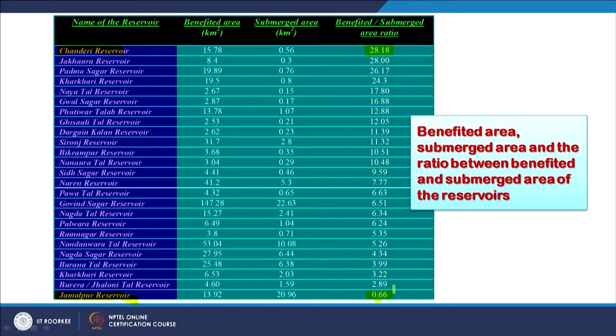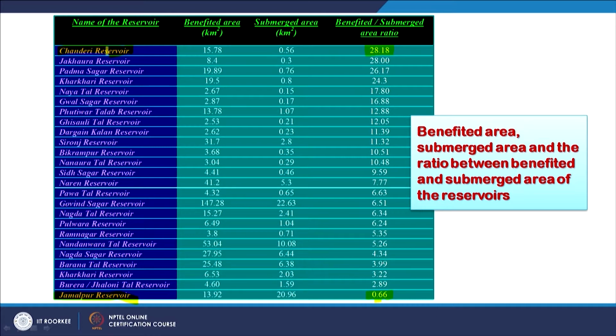That means if I construct a reservoir near or in the area where the Chanderi reservoir is currently located, then I am going to have about 28 times benefit in terms of area. That means if I submerge 1 square kilometer of area to construct a reservoir or a dam, then in the downstream I might get a benefit area of 28 square kilometers.